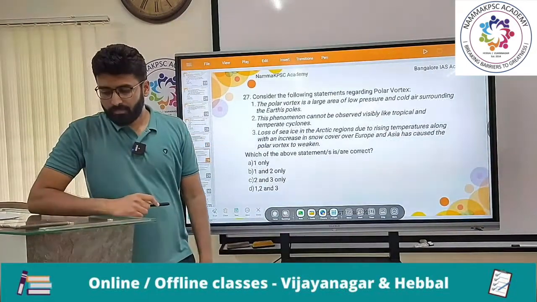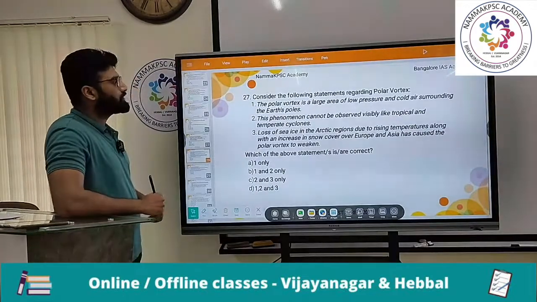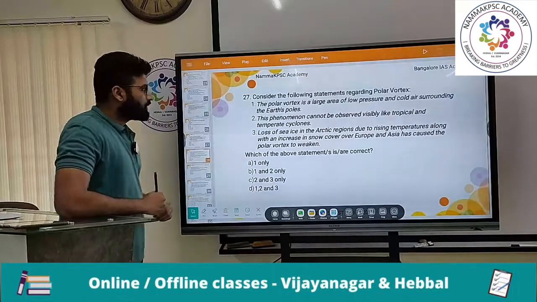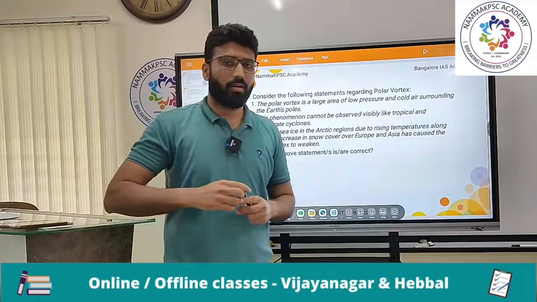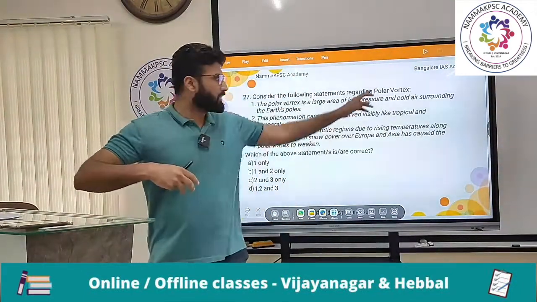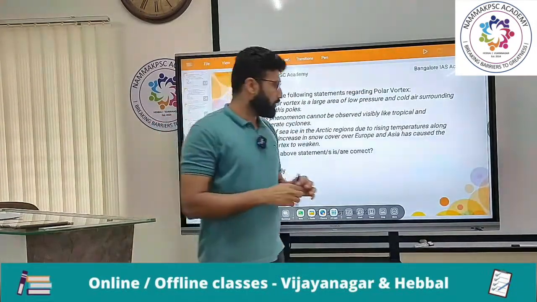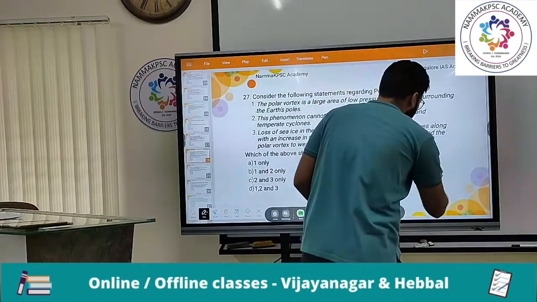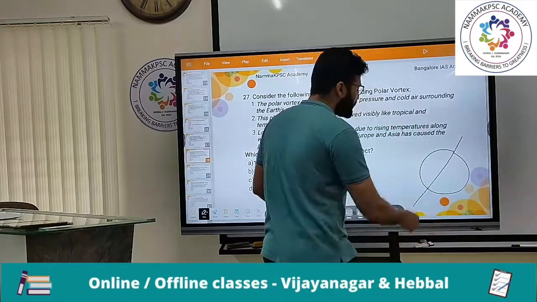Question 27. Now, question 27 says, consider the following statements regarding the polar vortex. Now, I hope that everybody has some understanding of what is a polar vortex. A polar vortex is actually formed, as the name suggests, along the North Pole and the South Pole. So if you consider the Earth, what happens along the northern pole?